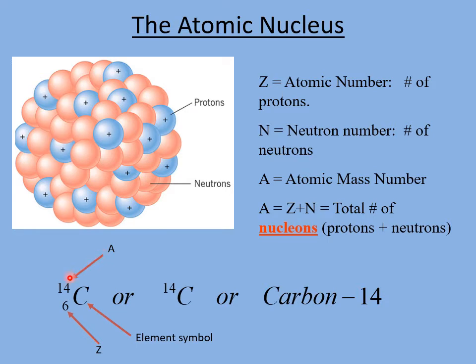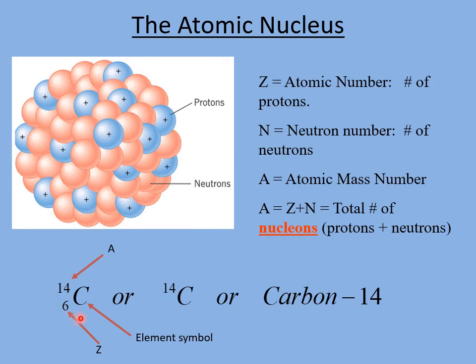A is 14 in this particular type of carbon. The question comes up, how many neutrons would this carbon have? Well, the answer would be 8, because we know there are 14 total protons and neutrons, and we know there are 6 protons. So 14 minus 6 is 8 neutrons.